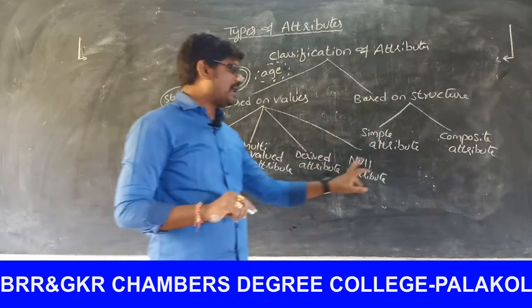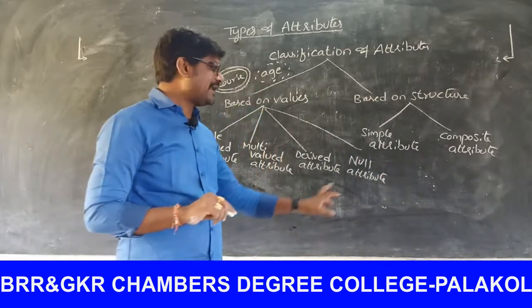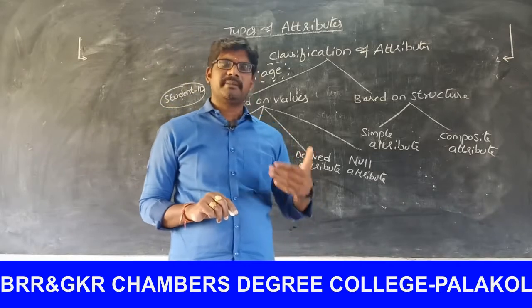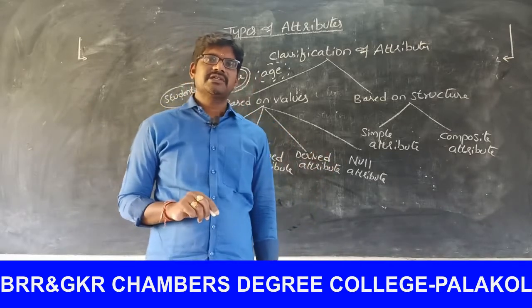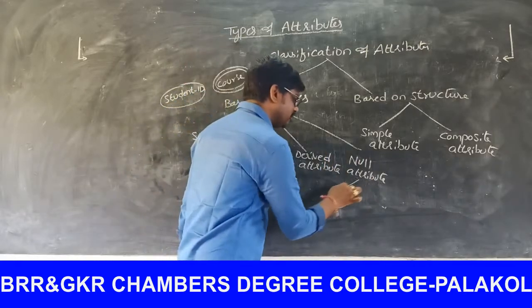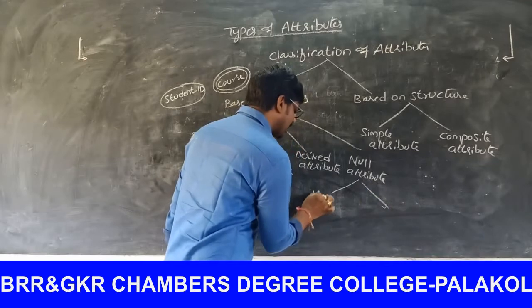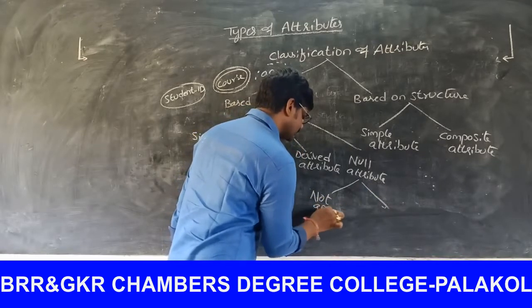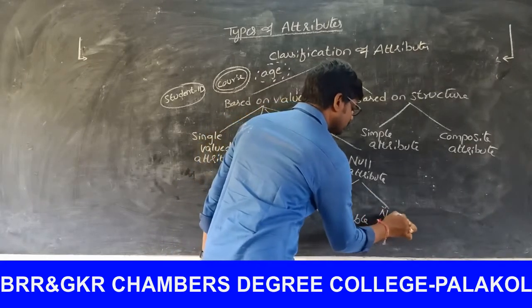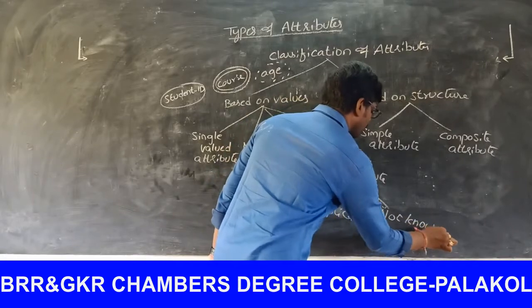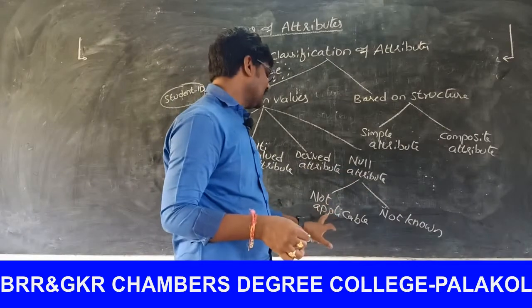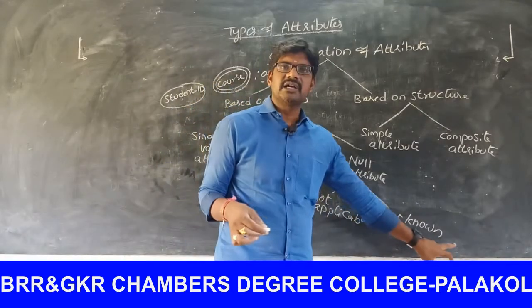Next one, the null attribute. A null attribute is a special case which is used to represent null values. We can apply the null attribute in two cases: one is the not applicable situation, and the other is the not known situation.